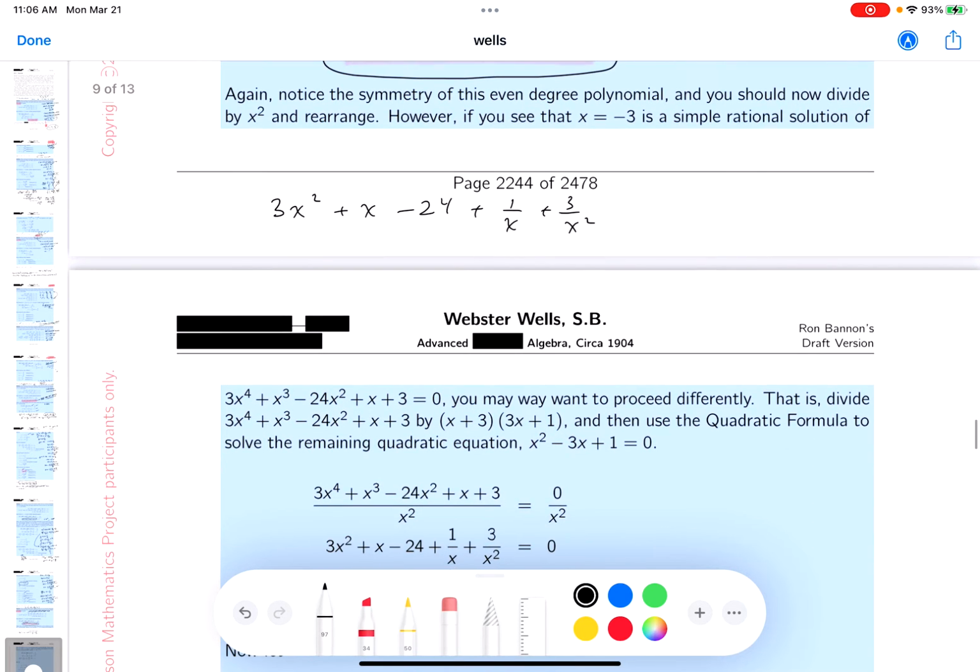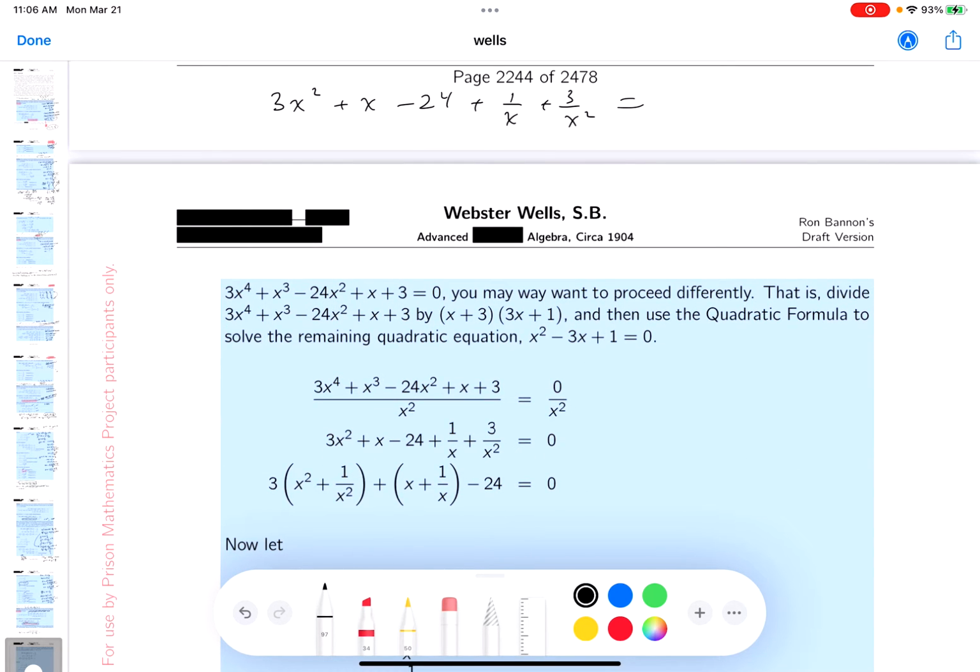And if you remember what I did last time, I rearrange the terms into 3 times x squared plus 1 over x squared. And then what do I get? Plus 1 times x plus 1 over x, minus 24 equals 0.